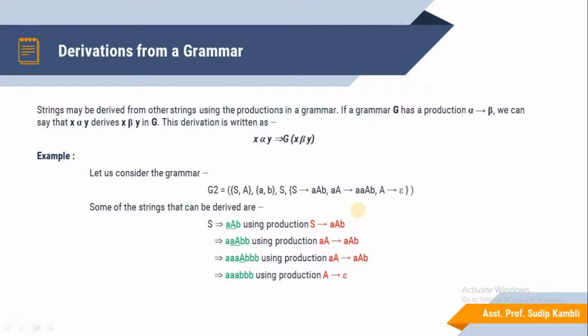So the left side three a's, terminal symbols, are attached with the right side b's, and with the non-terminal symbol reduced, the string produced is triple a and triple b. So the final string accepted, triple a triple b, is derived from this grammar.